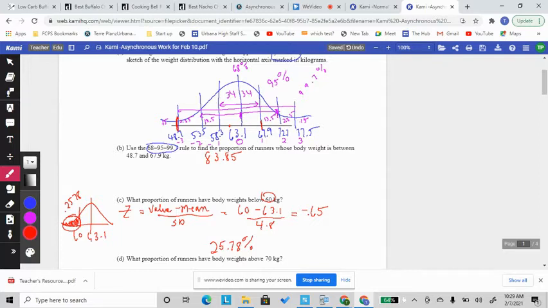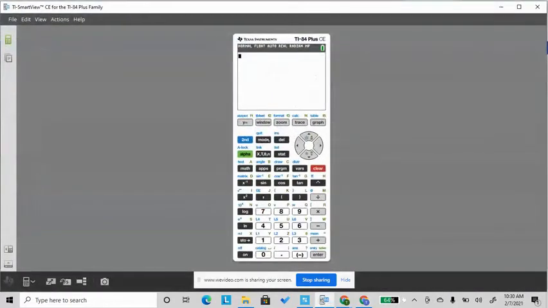Okay, now I'm going to show you how to use a function on your graphing calculator that replaces your chart. So you're going to go to second vars, and you're going to go to number 2, this NormalCDF function. When you go into the NormalCDF function, it says, what's the lower bound, upper bound, the mean, and standard deviation?